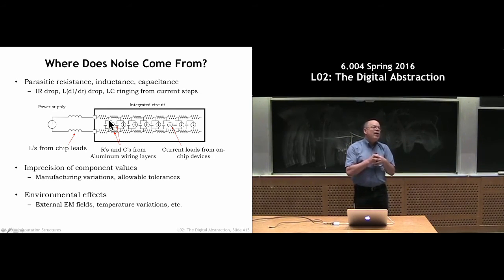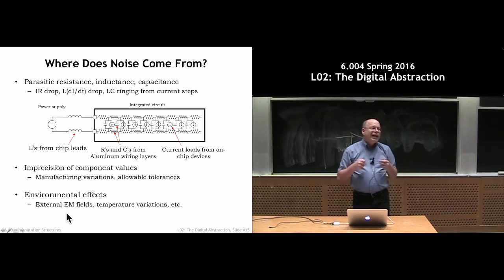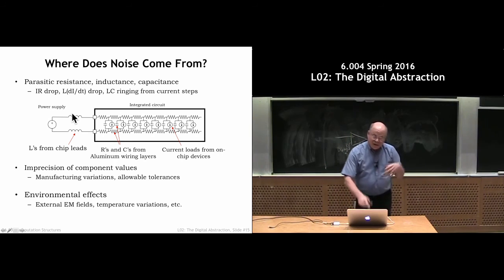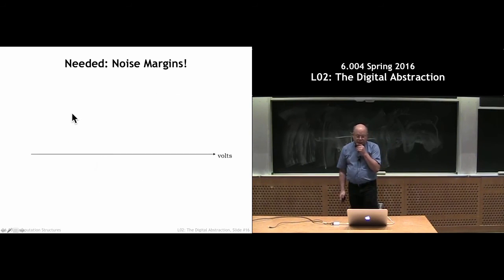These are not so hard to solve, at least the E&M fields. We can put everything inside a little copper box, a Faraday cage, to insulate ourselves from external electric fields. When I build an electric circuit, these effects occur all the time, so I have to be prepared to deal with them.